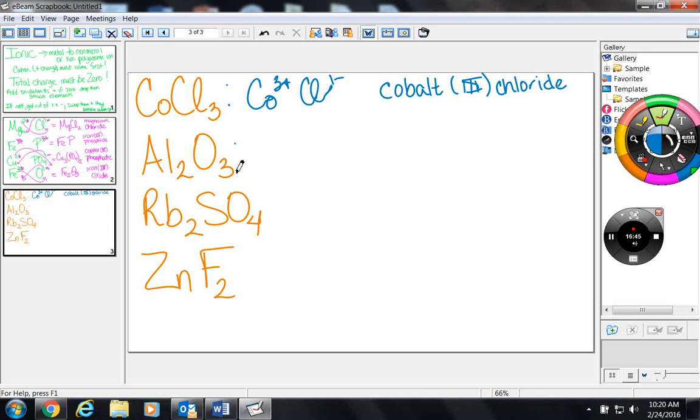Look at Al. Where is Al on the periodic table? In the p section. Is it a transition metal? No. So do I need to worry about its charge? No, so I can just name it. I thought because I have more than one... Nope. I only need to undo it if it's a transition metal to know its charge. When you undo it, you get tri-aluminum.